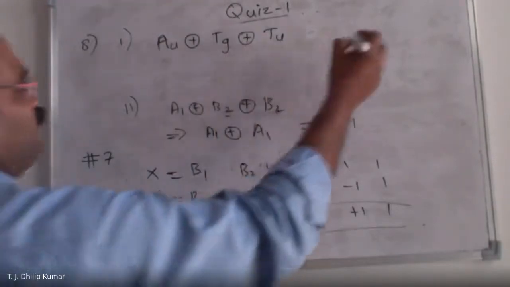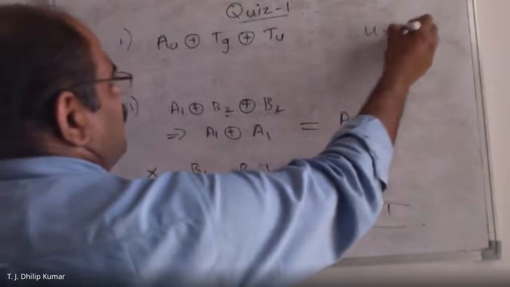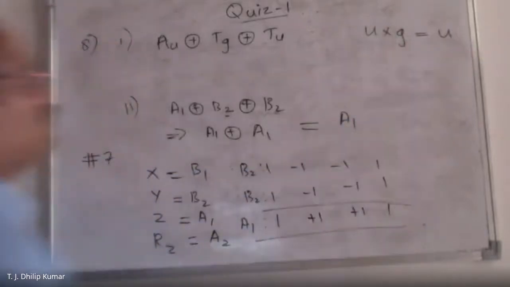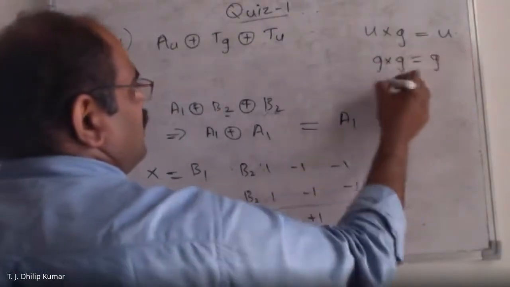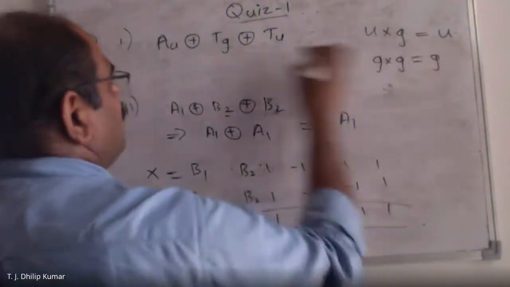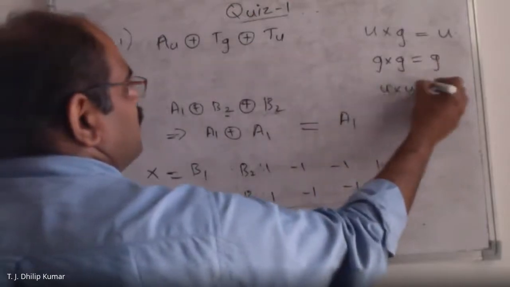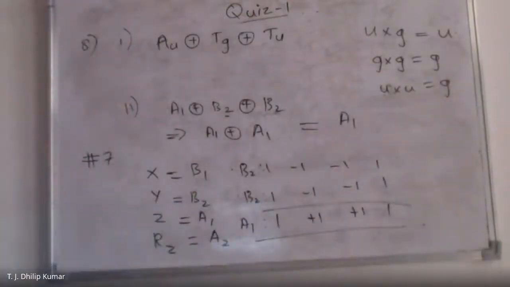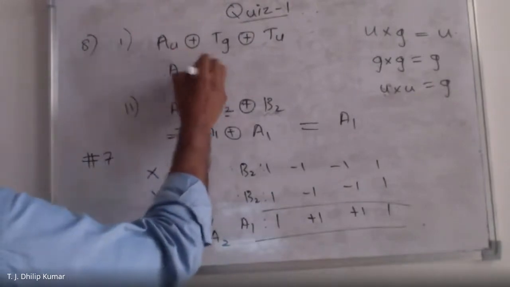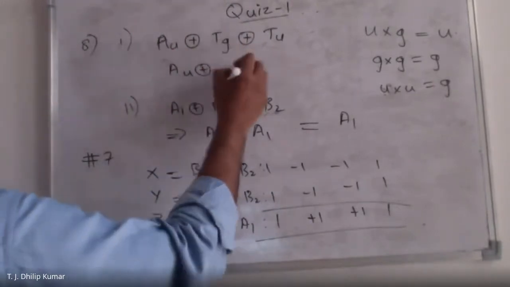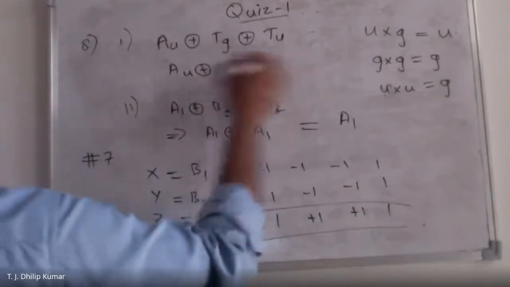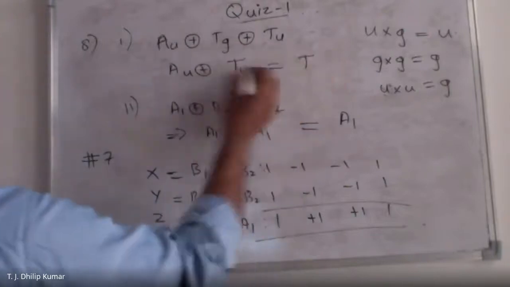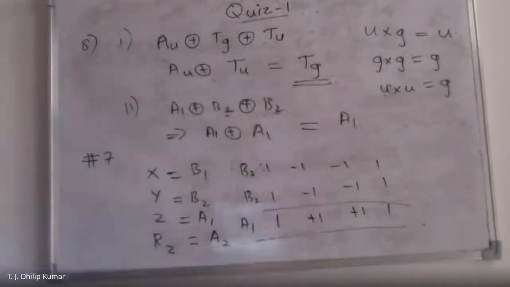So I told you U into G is always U, and G into G is G, U into U is G. So if you do this, A_u plus T_g into T_g will give T_g, G into U will give U. So A into T will be T, U into U will give G. So this is also T_g. 90% of them are wrong in this.